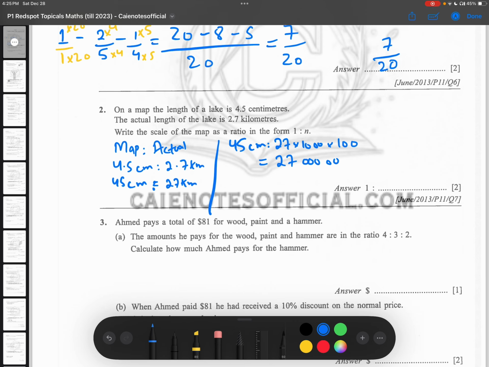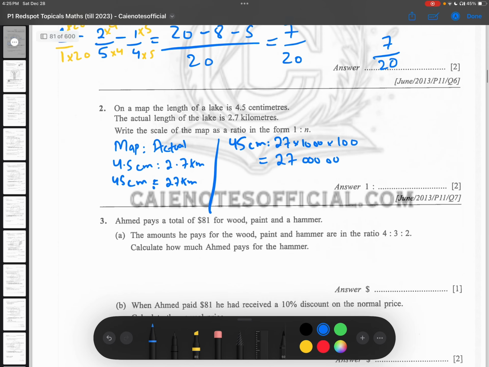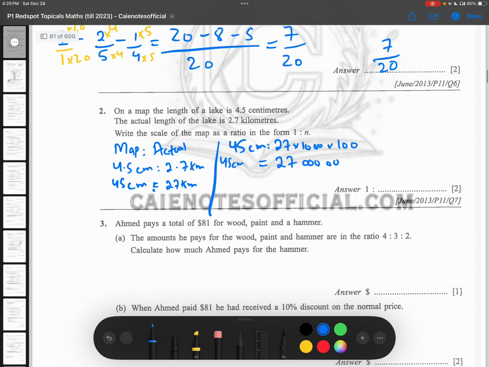So this is basically 2.7 million, and 45 centimeters, and this is also in centimeters now. Now we need to write the ratio in the form 1 ratio n.